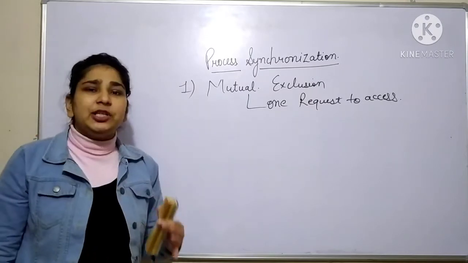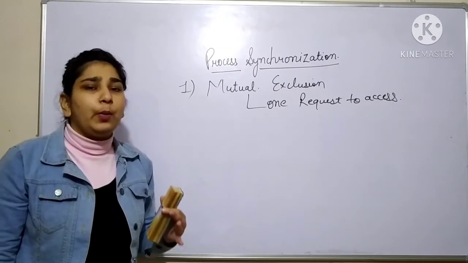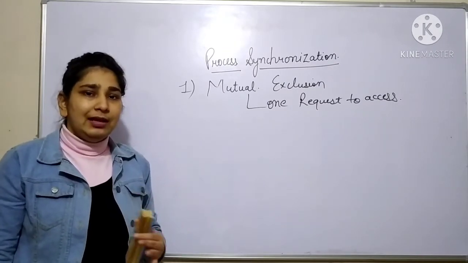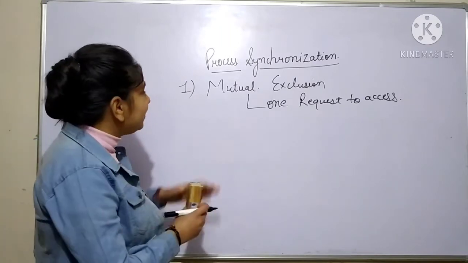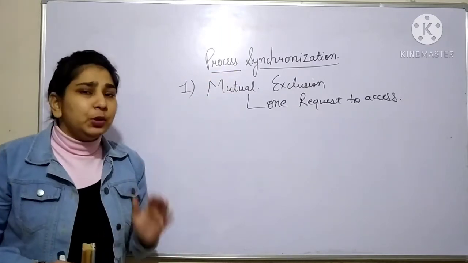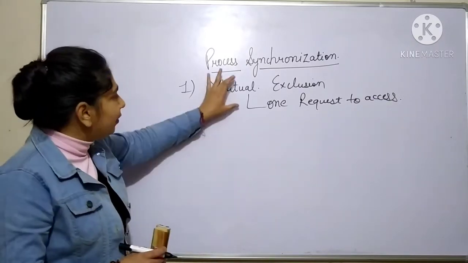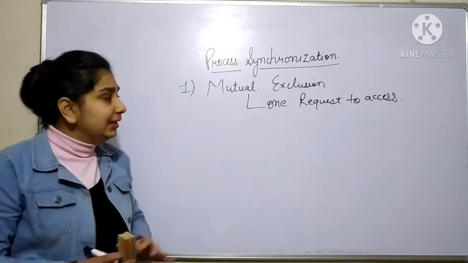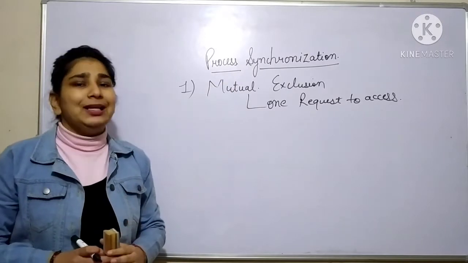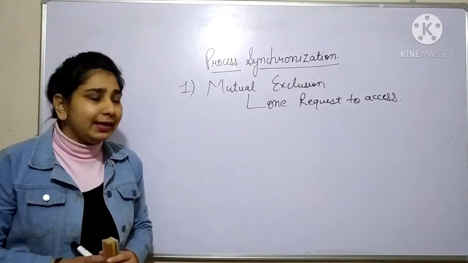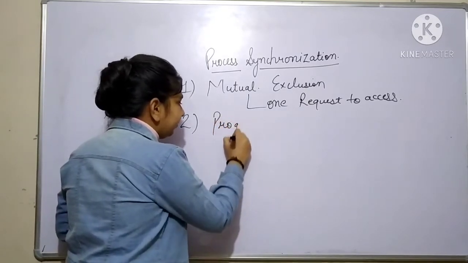If there is any shared variable present, it is better to allow only one user request to access that variable at one particular point of time. So this is the first condition which your algorithm should meet. If you are going to design your algorithm for process synchronization, then that algorithm should fulfill the condition of mutual exclusion. The second condition we have is progress.